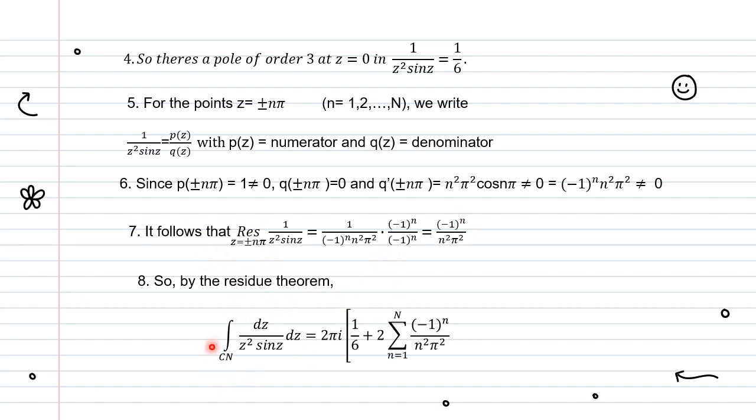This is the contour integral of 1 over the function given, and that's gonna be equal to 2 pi i times 1/6 plus 2 times the sum from n equals 1 until n of the expression that we got by calculating the residue when z is equal to plus minus n pi.